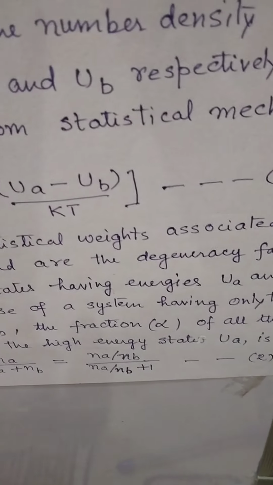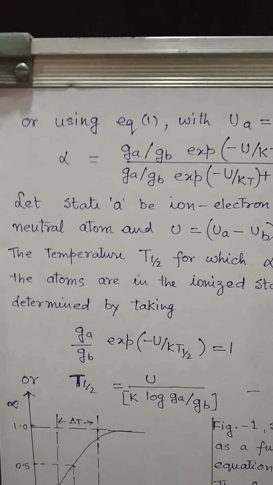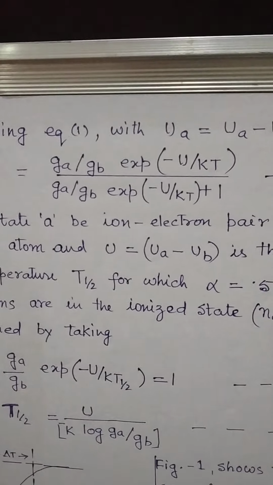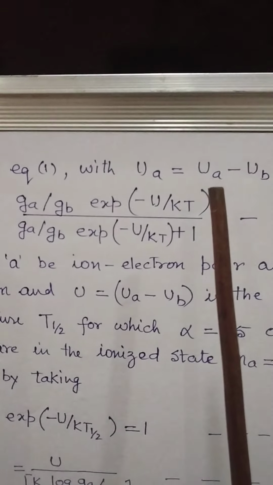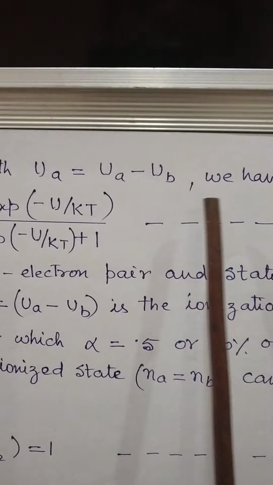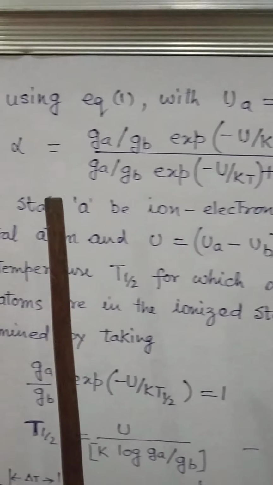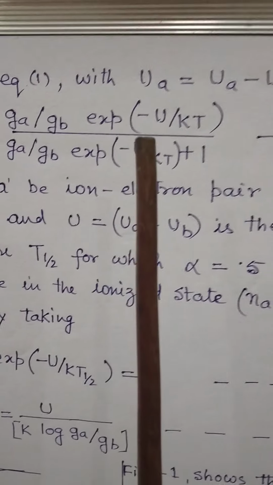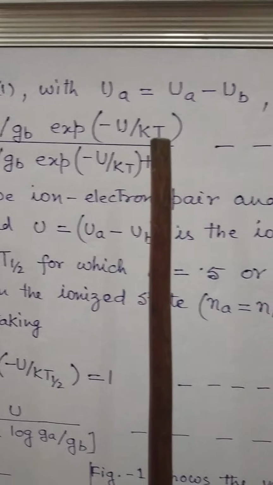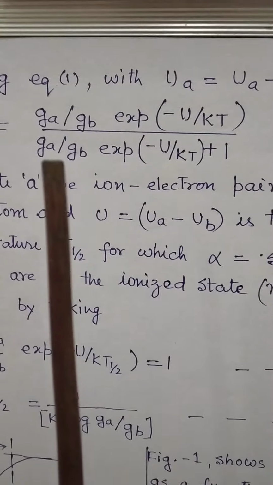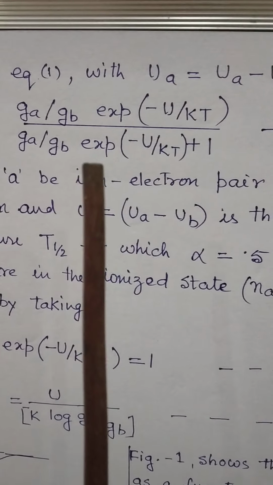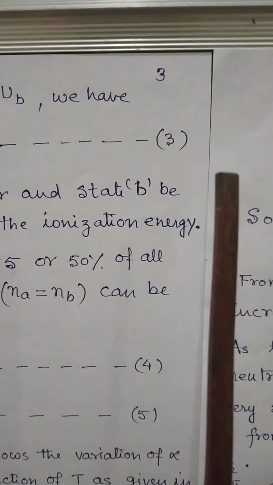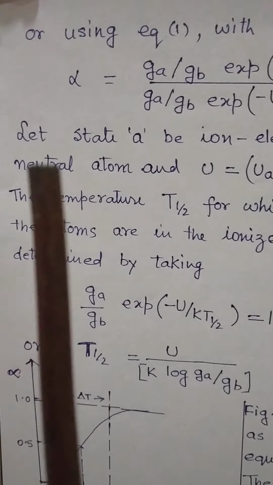Let it be equation number 2. Or using equation 1 with U equal to UA minus UB, we have alpha equal to Ga upon Gb multiplied by exponential minus U upon kT, divided by Ga upon Gb exponential minus U upon kT plus 1. Let it be equation number 3.